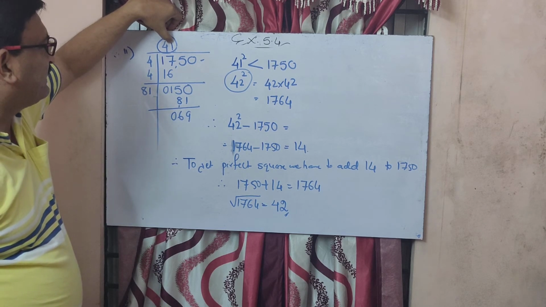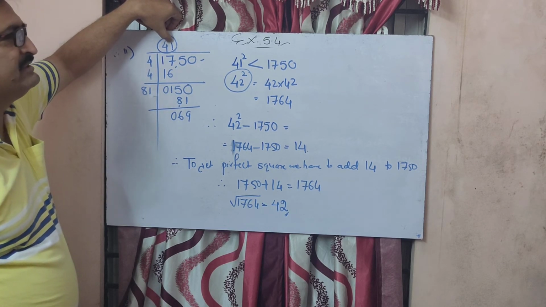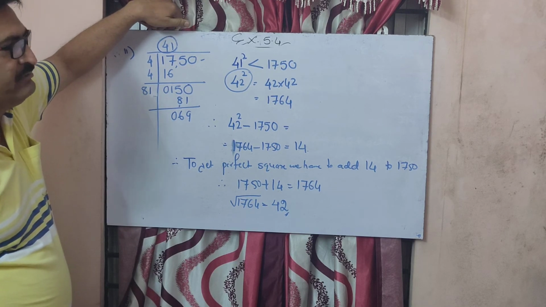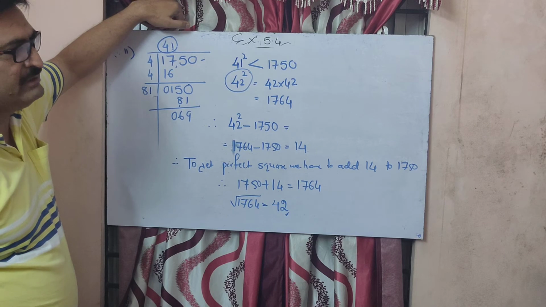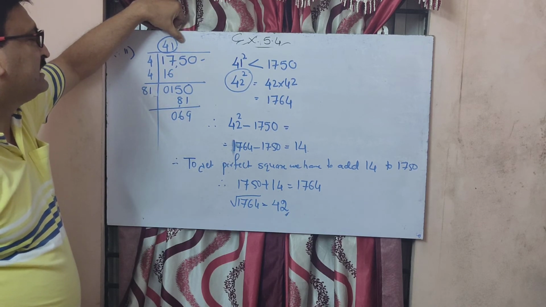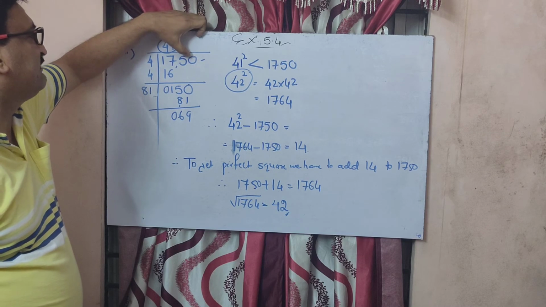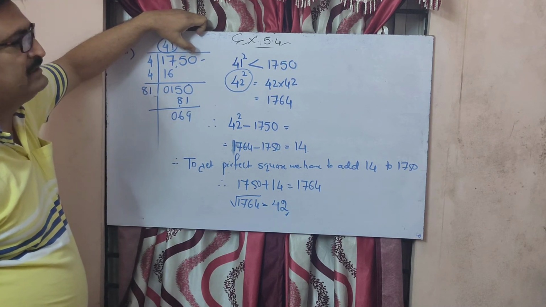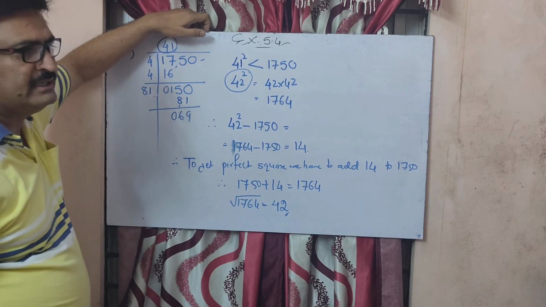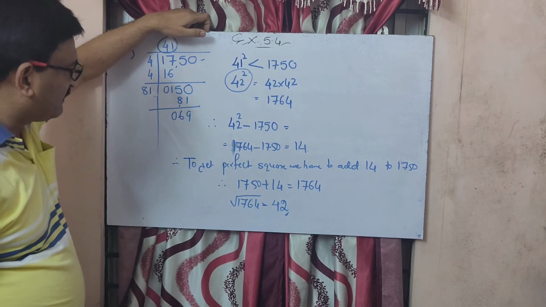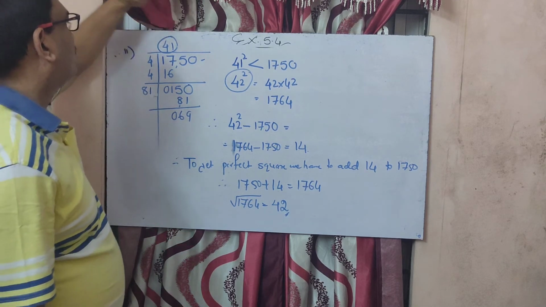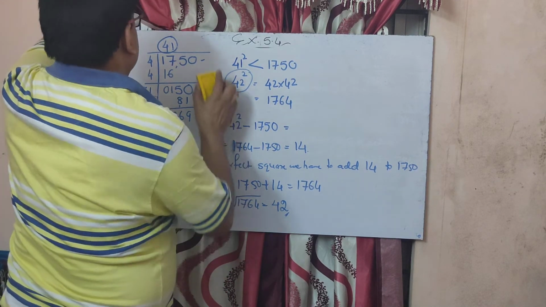That is, if it is 41, you have to take 42. If it is 11, you have to take 12. If it is 21, you have to take 22 square. And after that, taking that square, you subtract the given number from that, and that will be the difference. Whatever difference you get will be added to the given number, and that will be the square of the given number. Okay, this is how we have to do it.